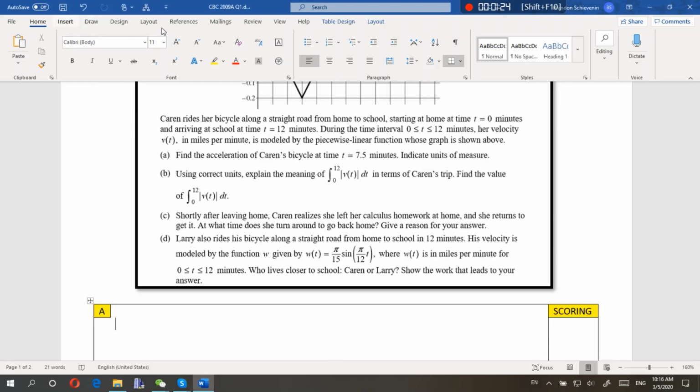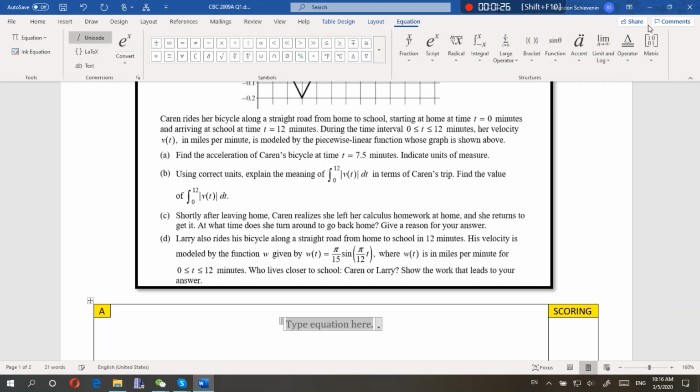Okay. So I could say our acceleration at 7.5 is equal to v prime at 7.5, which is exactly what you said. My change in the velocity from 7 to 8.